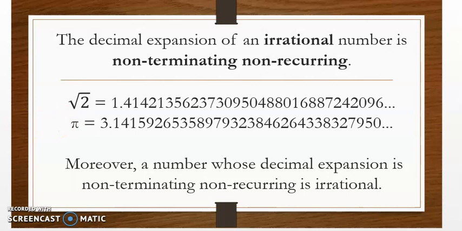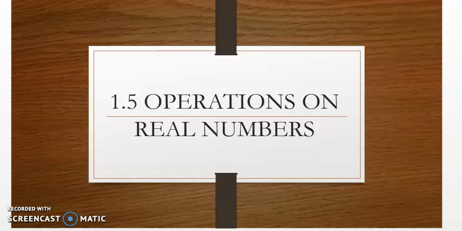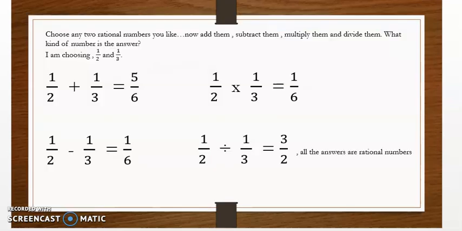This is what we saw in the last lesson, and then we saw successive magnification, how to represent a rational number on the number line by successively magnifying the number line. In this class, we'll look at operations on real numbers: how to add, subtract, multiply and divide rational and irrational numbers.